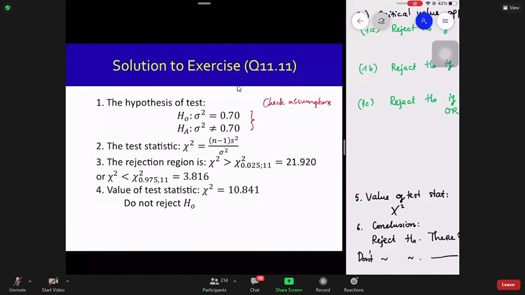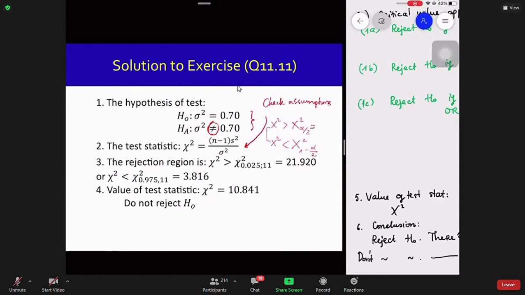Before we specify this, the rejection area is, because we have a two tail test here, we will reject H0 if chi-square is greater than chi-square n4/2 or chi-square is smaller than chi-square 1 minus n4/2.